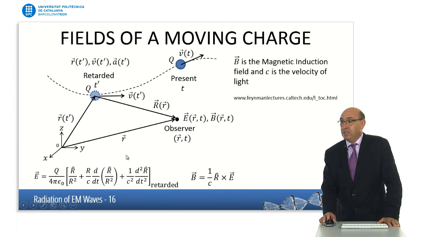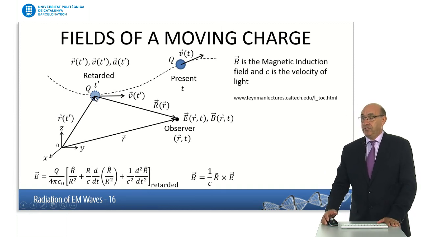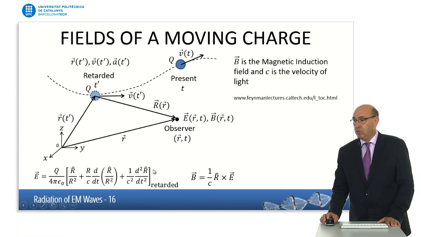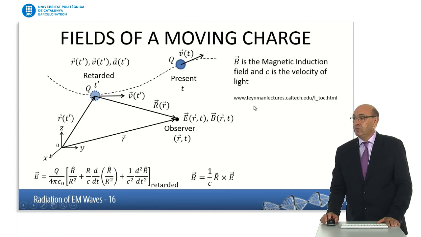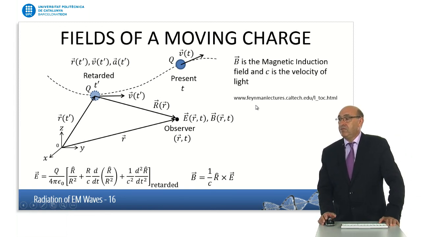So the time t is just retarded with respect to the time at the source and the charge. We will study this formula a little bit later, and if you want to look into it, I advise you to have a look at chapter 28 on the first volume of the Feynman Lectures on Physics. Today it is freely accessible on the internet.